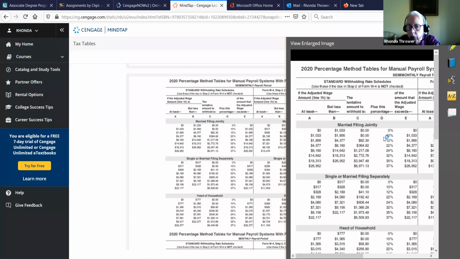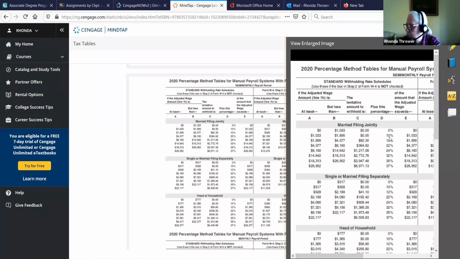And then they're going to be taxed at a rate of 10% on anything that is above 1,033. So I'm going to subtract 1,033 from my salary. The salary was 1,090. I'm going to back out the 1,033 from that. That gives me $57 that is taxable at the 10% rate.